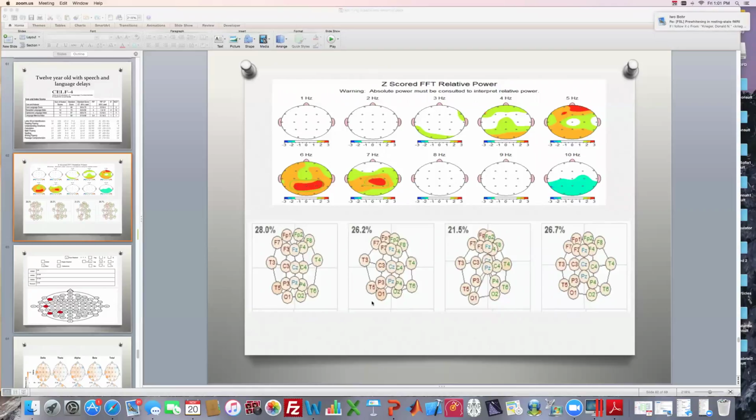And then when we look at the coherence, especially in alpha, you can see this whole area right here that's low in coherence. The more these lines are separated, the sensors are separated from each other, the lower the coherence. So again, this includes that whole reading system we talked about. You can see a little bit of it in theta as well. And that's where we decided to train with neurofeedback.